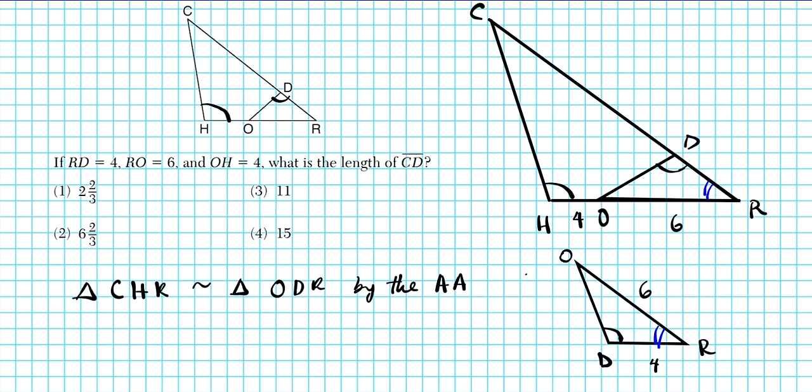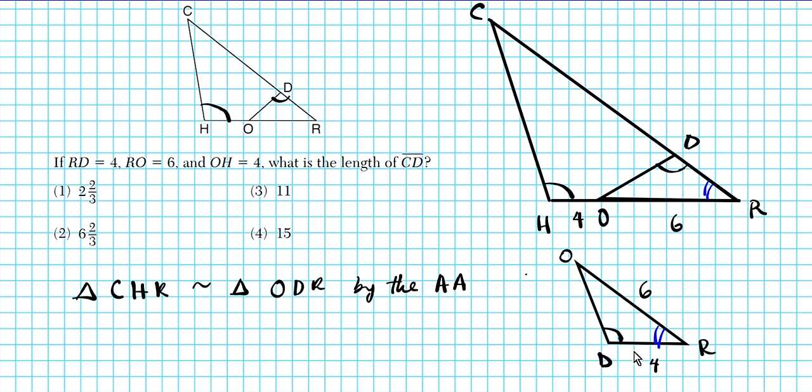And then we are asked to look for the side length CD. First things first, let's use the similarity postulate to find CR, and then we'll subtract DR, which is 4, from CR, and that will tell us what CD is. So we have side DR corresponds to side HR.